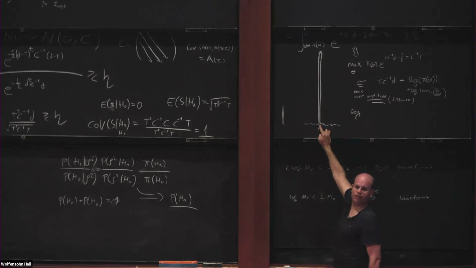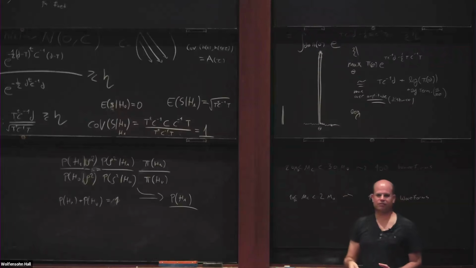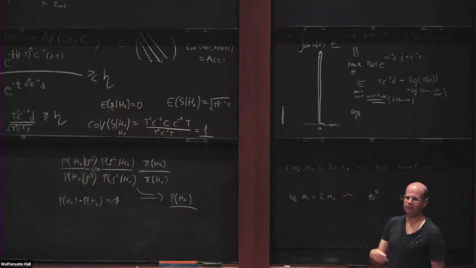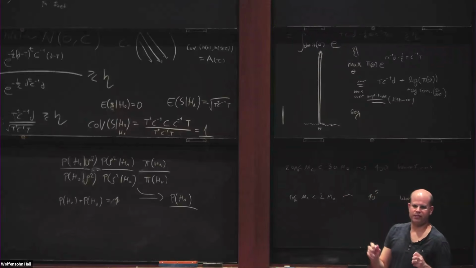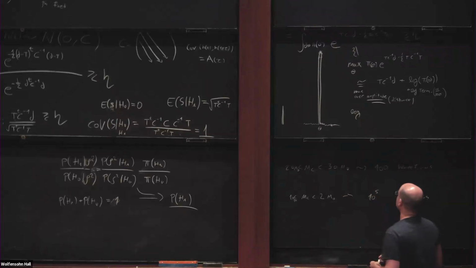Okay, and in one-dimensional space it looks nice, but actually it's 15-dimensional. Some of the parameters are not very effective on the signal, and some of them are very effective on the signal.